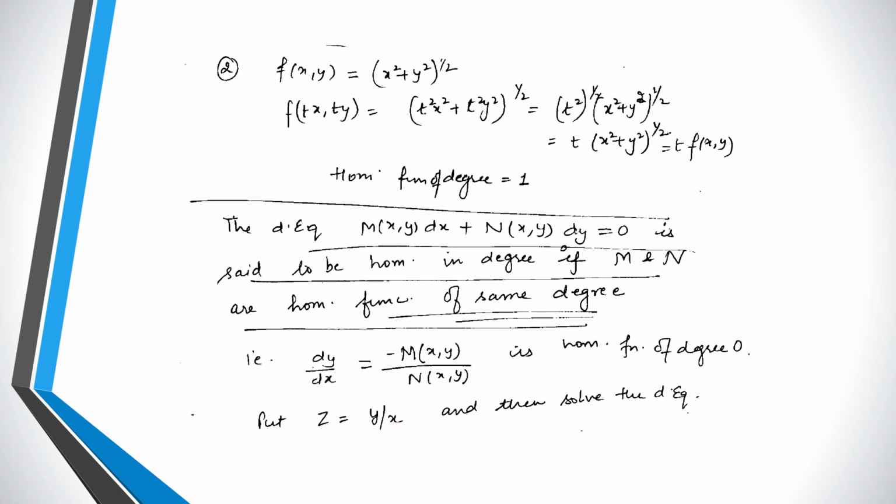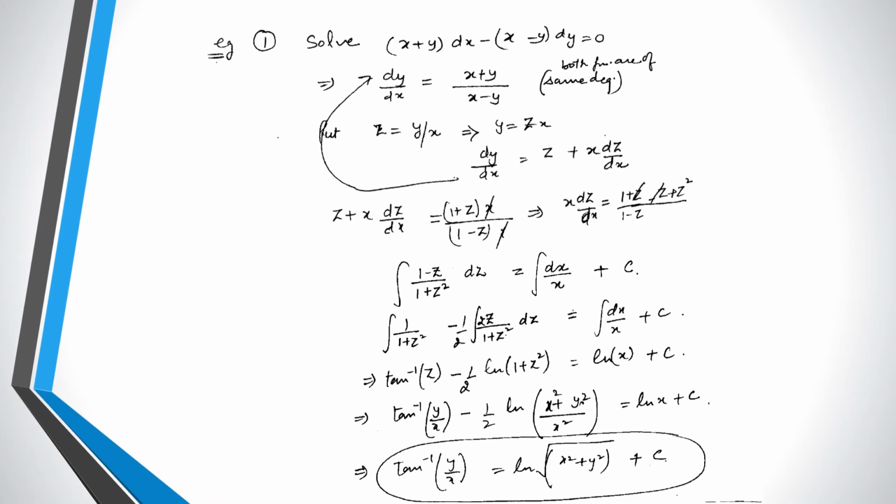For example, let's suppose we have to solve this differential equation. First of all, write it in terms of dy by dx. So we take these terms to this side and you will have x plus y upon x minus y. Now what is the degree of the numerator? It is 1. What is the degree of the denominator? It is 1. So both these functions have the same degree.